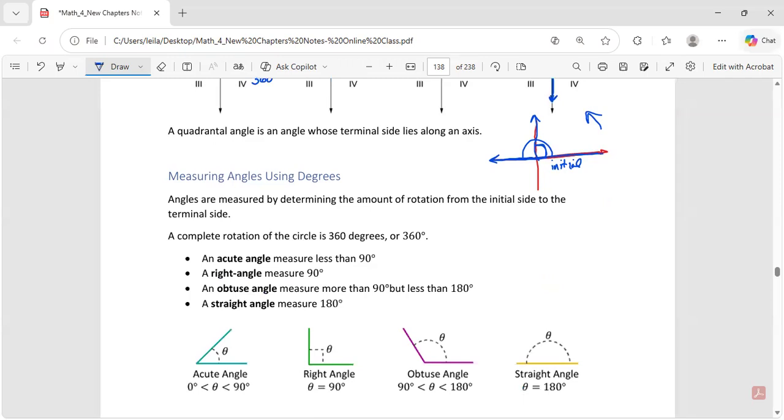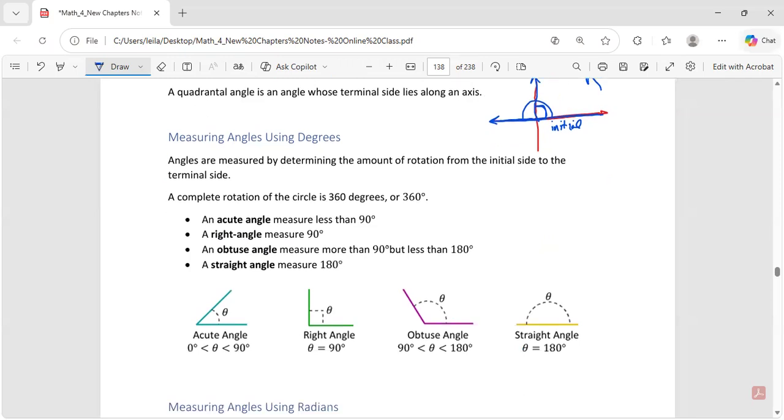When we are finding the measure of an angle, we have two different measurements. We can measure by degrees or by radians. When we talk about an angle, sometimes we have an acute angle, which is an angle that's less than 90 degrees, like 30 degrees, 45 degrees, 60 degrees. They are all called acute angles.